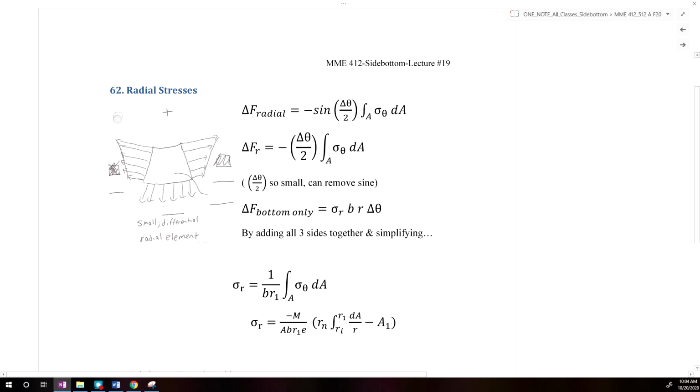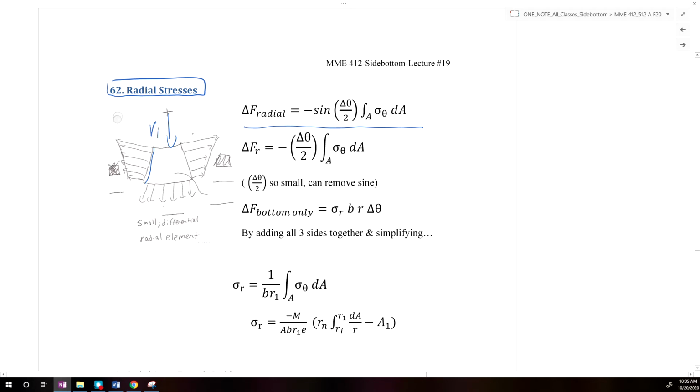So our radial stress, or sorry. So in this video we're going to talk about how we can calculate the radial stress within an element. If we have a small differential radial element, it'll have the inner radius of the element here.